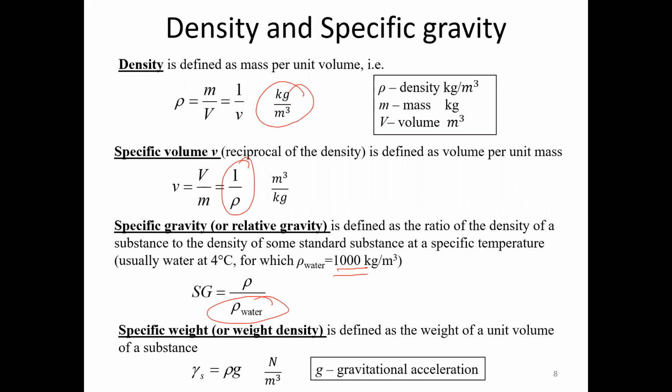So if I divide any substance density over the water density, I'll get what we call specific gravity. In some questions, they will give you specific gravity. So if you have specific gravity and you know the water density, because it's at standard conditions, 1,000, you can find the unknown density of the substance. Okay. So you can say density of any substance is equal to specific gravity multiplied by the water density.